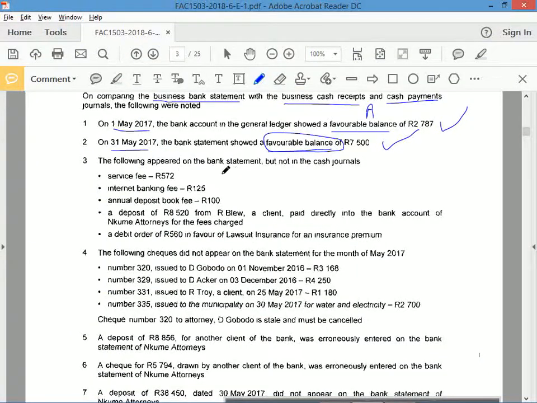The following appeared on the bank statement but not in the cash journals. If they're in the bank statement and not in the cash journals, adjust, reconcile? Adjust. Because your records don't have those line items. Okay, so remember, you don't do both, it's one or the other. You either adjust or you reconcile. I'm going to adjust because I don't have these figures in our books, right?